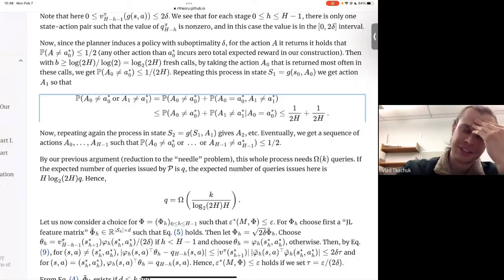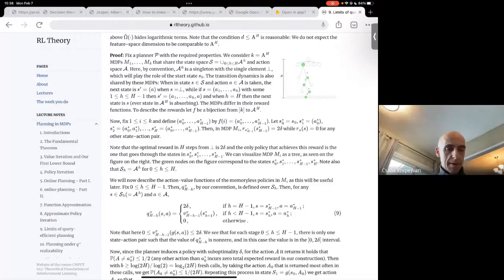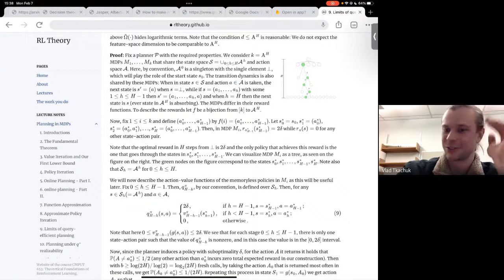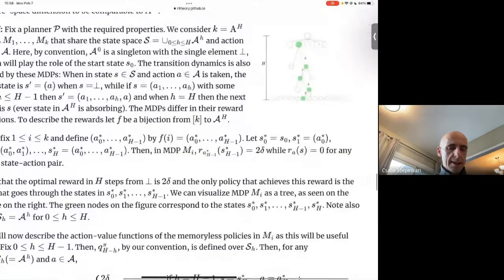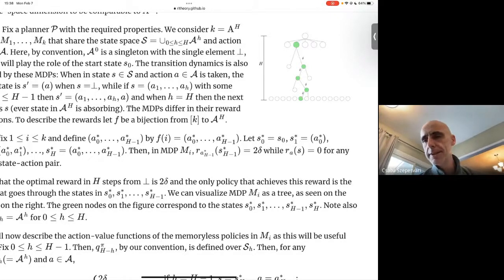Right. From the definition, we know that the planner must find that final reward. And in order for it to do that, at the very bottom it must at least choose that optimal action in each stage with probability greater than 1/2. It's not directly from the definition, but it's obviously the case. If it didn't choose the optimal action with that high probability at the very first stage, then it would already have lost, because it gets 0 reward after that.